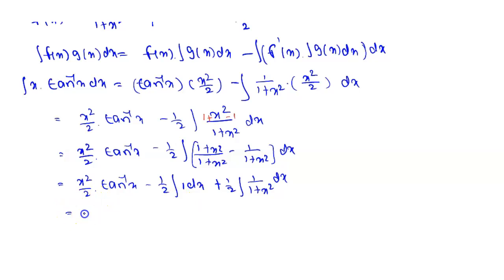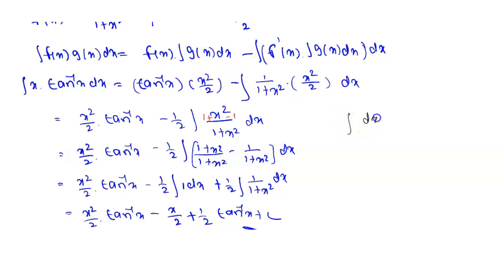So this is equal to x square by 2 into tan inverse x minus, 1 dx value is x by 2, plus 1 by 2 into, the formula for 1 by 1 plus x square is tan inverse x, plus c. This is the answer for this. So here I am writing the formulas.